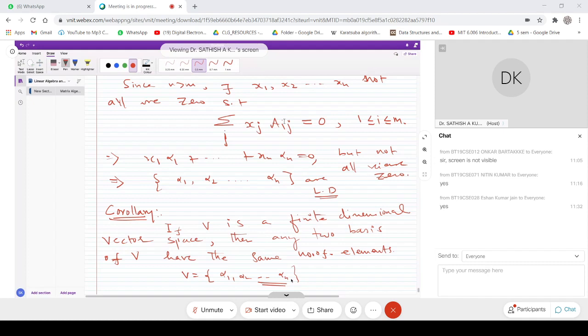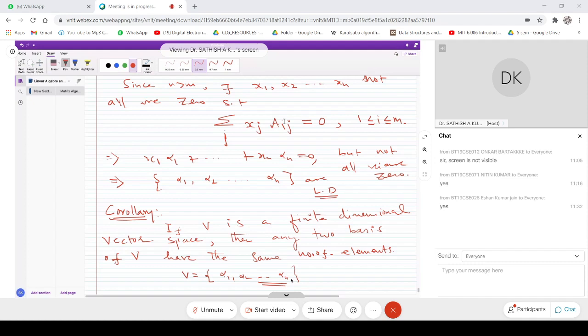Suppose S1 is alpha 1, alpha 2, alpha 3, and S2 is alpha 4, alpha 5, alpha 6. These two bases have the same number of elements: here 1, 2, 3, and here also 1, 2, 3. So S1 and S2 will have the same number of elements if V is a finite dimensional vector space.